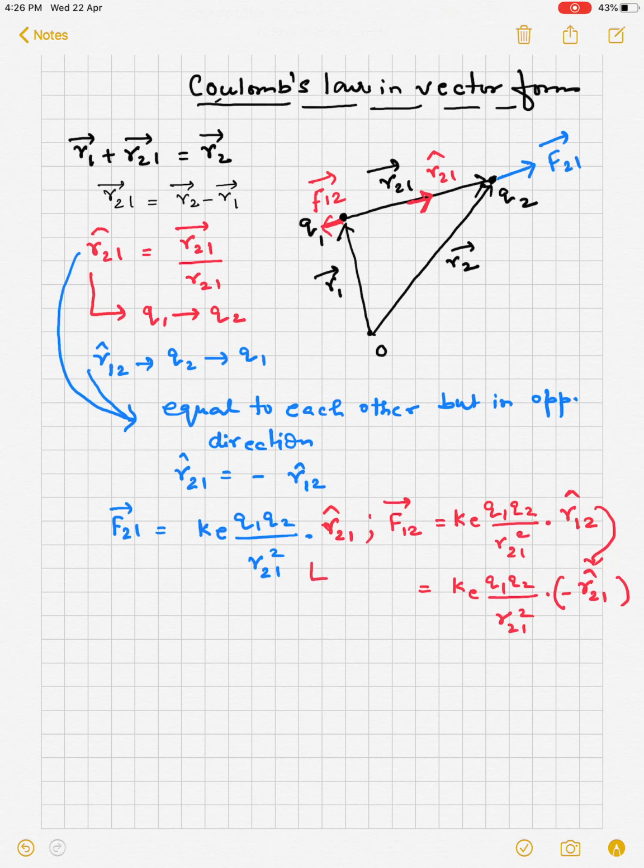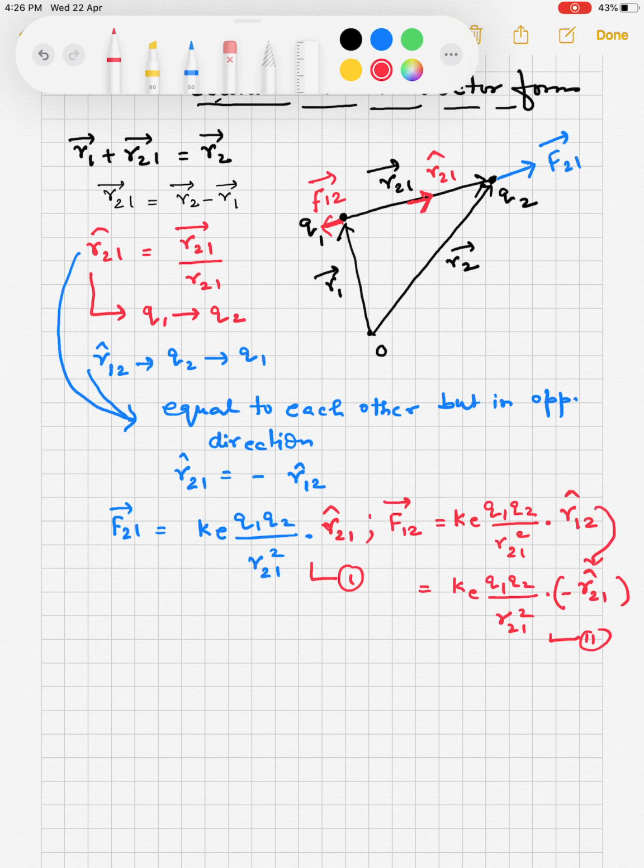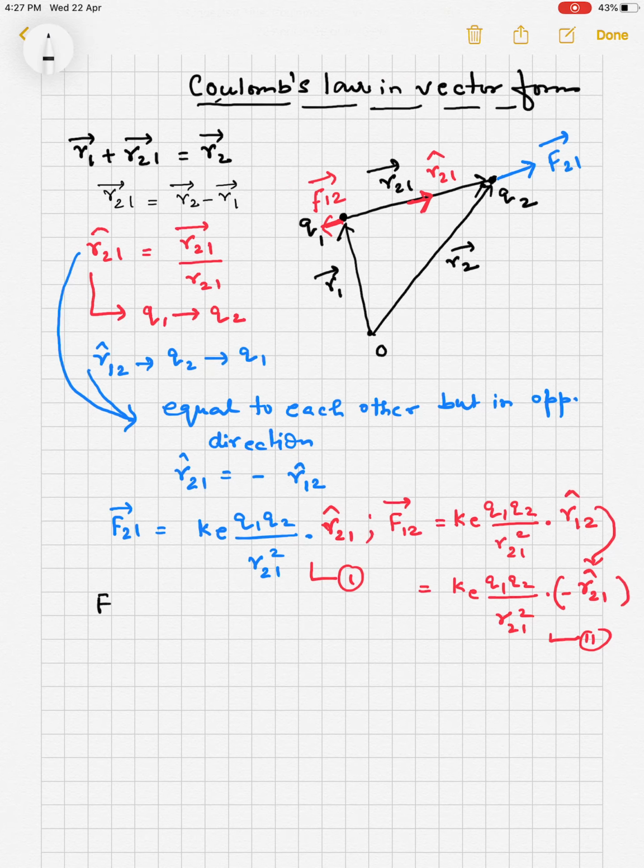So from equation number 1 and equation number 2, from these two equations, we have F21 is equal to minus F12.